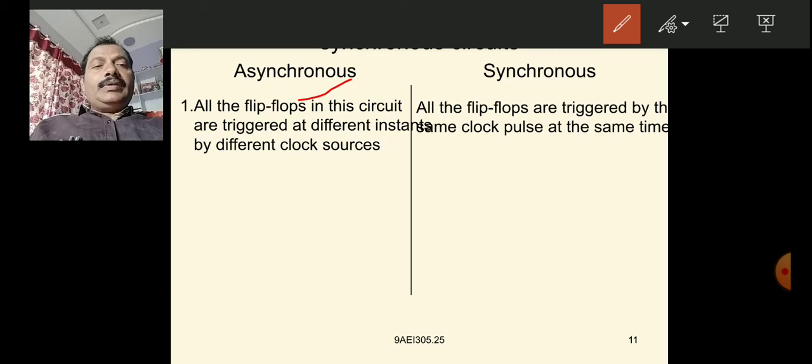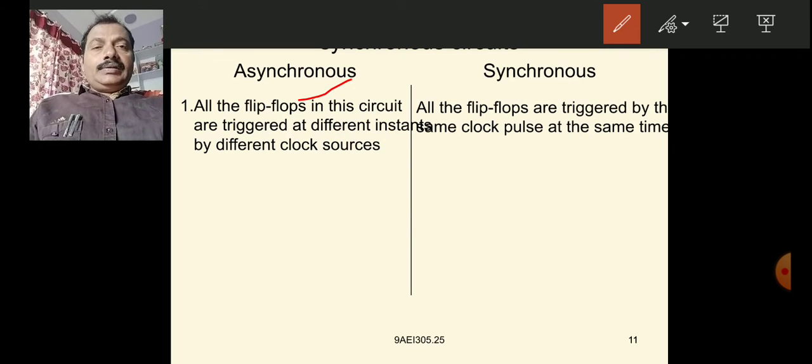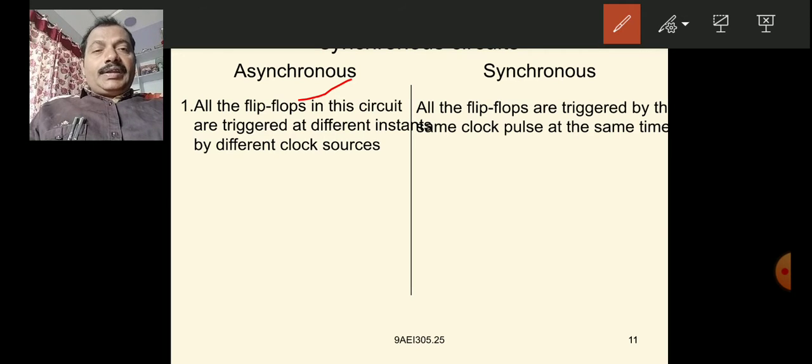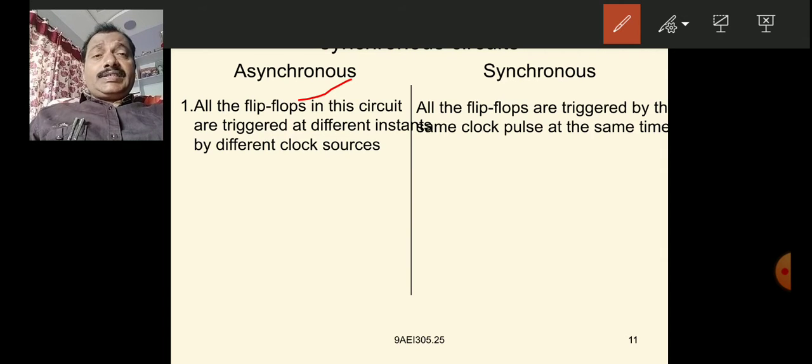That means a single clock signal does not activate all the circuits.